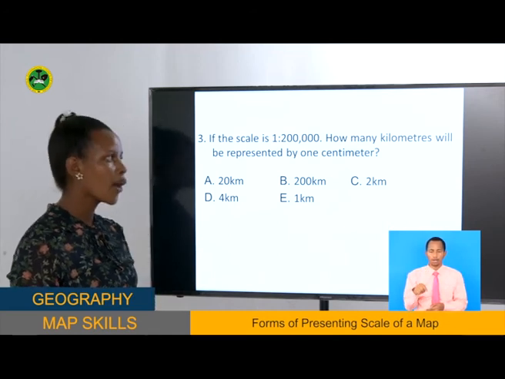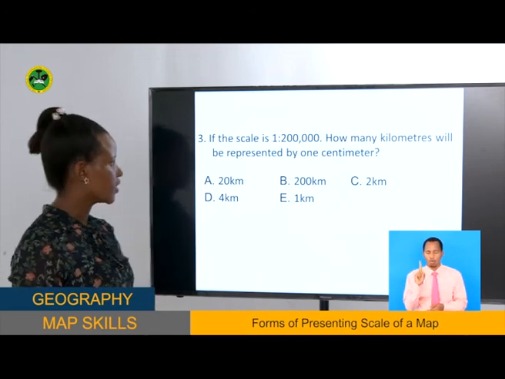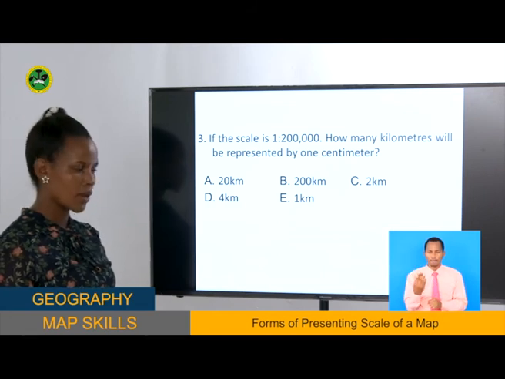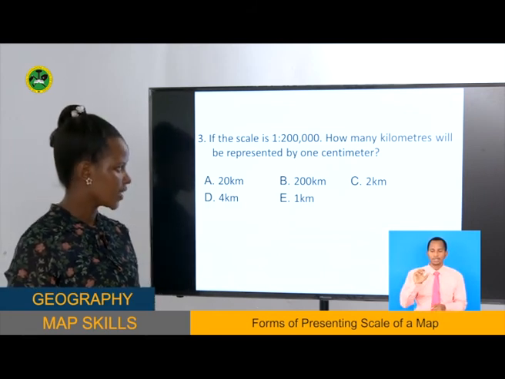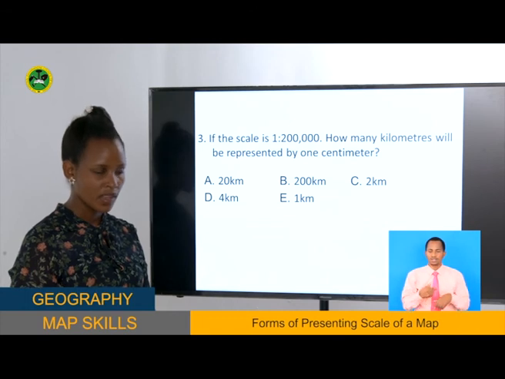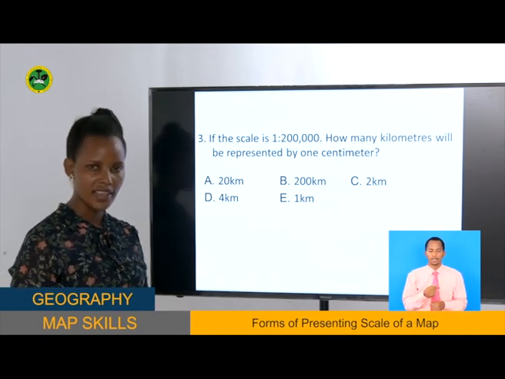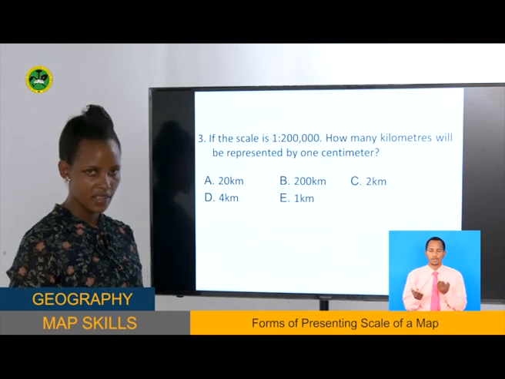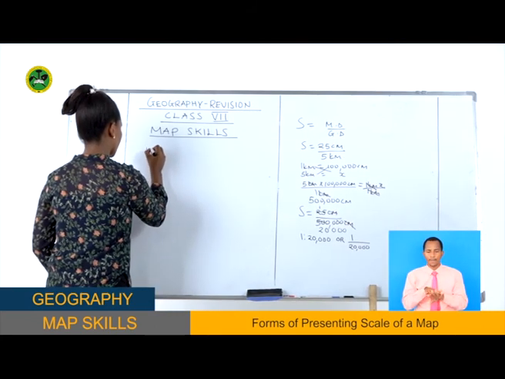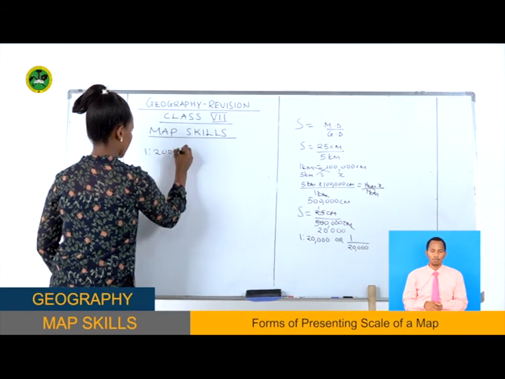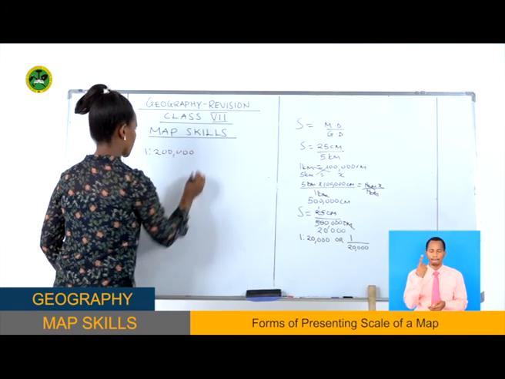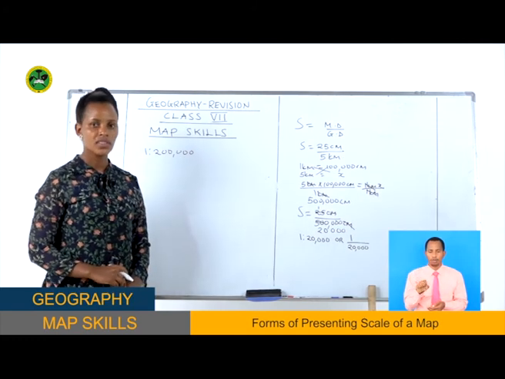Another question reads, if the scale is 1:200,000, how many kilometers will be represented by 1 centimeter? It is very simple. The question just needs us to convert the scale into the statement scale. The scale is 1:200,000. We change it into centimeters.